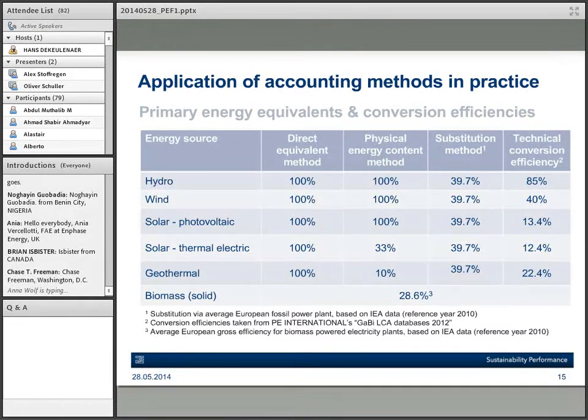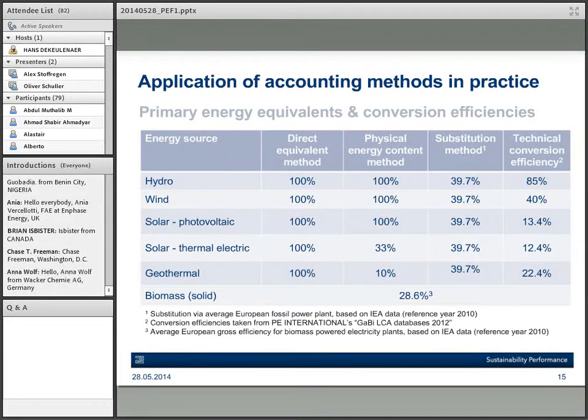So as long as geothermal is not really used, it does not really matter, but there are certainly countries with a higher share of geothermal for electricity production, and then if I'm not aware of the different methods, I can see very different numbers.